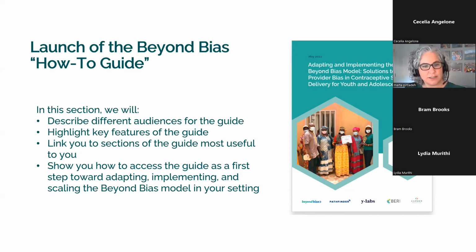Section 1 considers, is the Beyond Bias model right for my setting? Whereas section 2 looks at, how do I implement the Beyond Bias model? And each section gives you clear step-by-step direction to help you make decisions, adapt, and implement the model if you determine it makes sense for your setting. Let's talk a little bit about that now. Next slide, please.